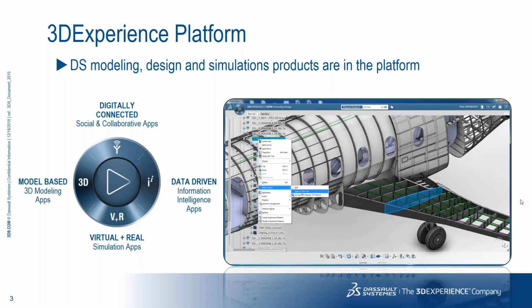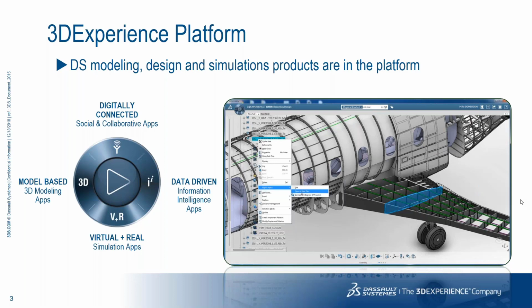All the existing Dassault tools are going to be available directly in the platform, and it's not through the platform, it's in the platform. There is one exception: SolidWorks in that version is not yet integrated in the platform, but you can import and export SolidWorks data to the platform. I also want to cover how to import and export data in the platform.